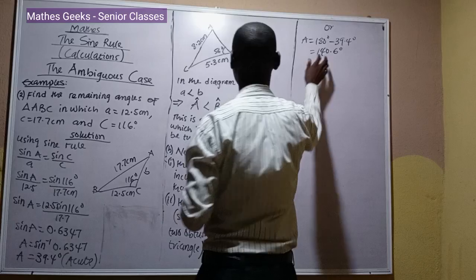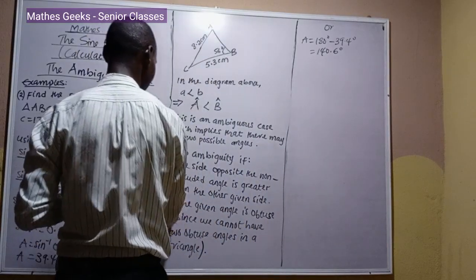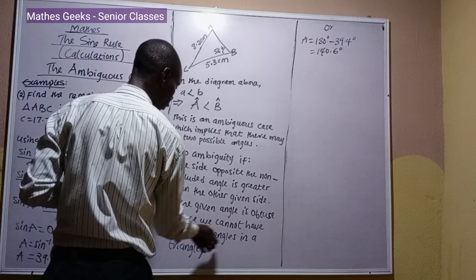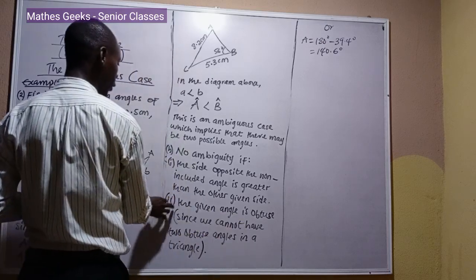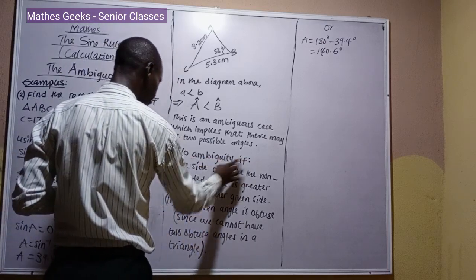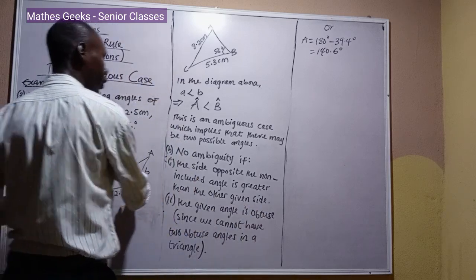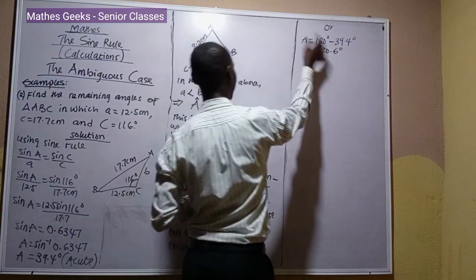Now, this is obtuse and this is obtuse. So what does this rule say? If the given angle is obtuse, since we cannot have two obtuse angles in a triangle, there is no ambiguity. So the given angle already is obtuse, so we cannot have another obtuse angle in the same triangle.